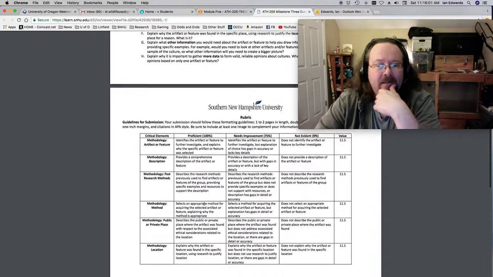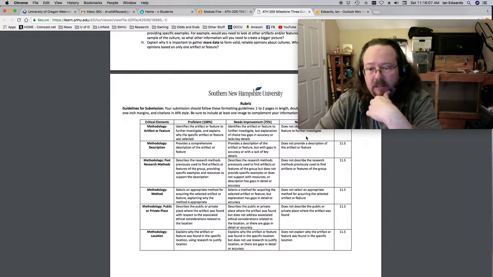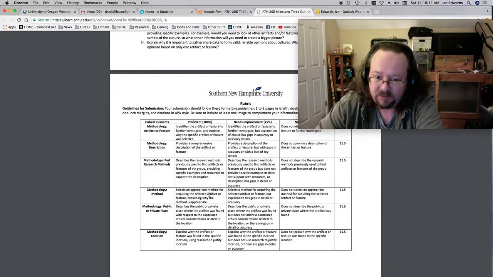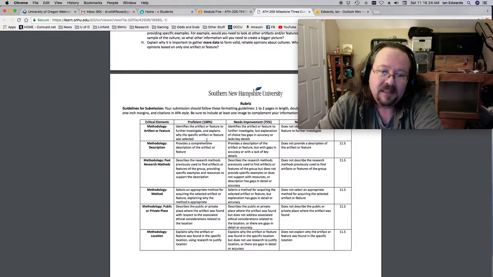Now, we scroll on down here and look at the actual rubric. This is based on proficient, needs improvement, or not evident. Okay, and I of course want to see everybody hitting proficient. So look at the little descriptors under needs improvement, because that's going to outline the key things, and then look over at proficient and you'll see it explains why the specific artifact or feature was selected, right?